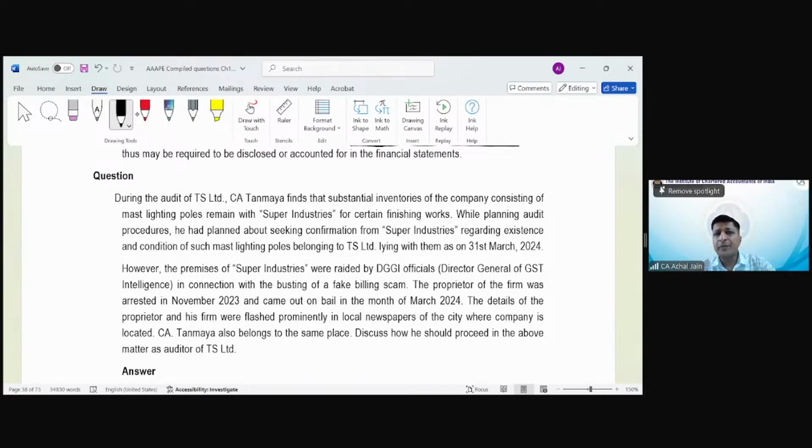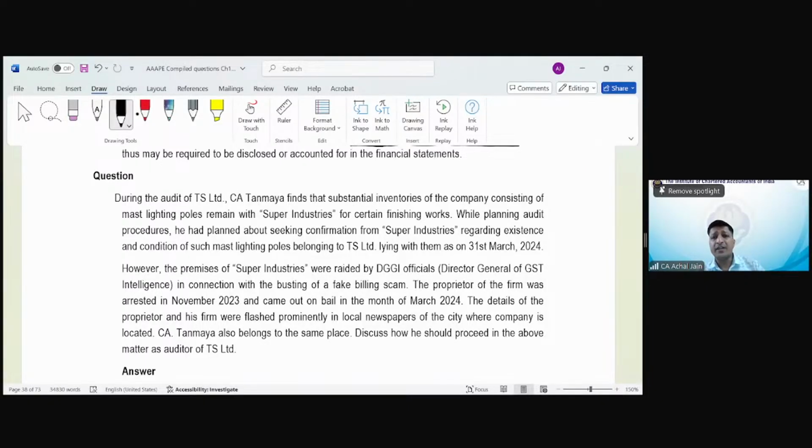While planning the audit procedures, CA Tanmay had planned about seeking confirmation from the third party Super Industries regarding existence and condition of such mast lighting poles belonging to TS Limited, lying with Super Industries as on 31st March 24.